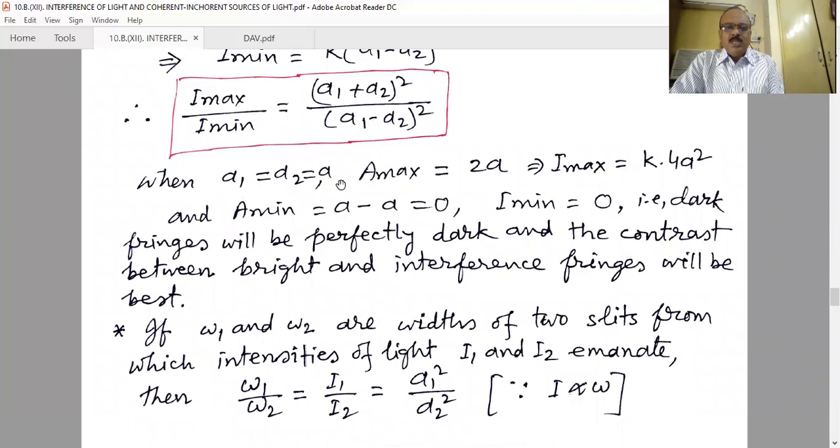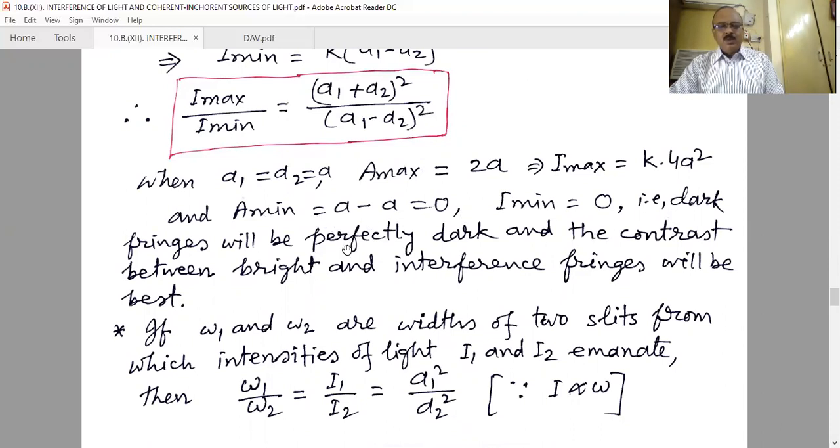Let us suppose the amplitudes of the two waves superposing at a point are the same, that is, a1 = a2 = a. Therefore, A max will be 2a, and I max will be k times 4a². And what will be A minimum? That is 0, so I minimum is also 0.